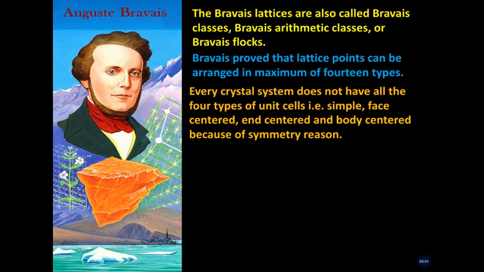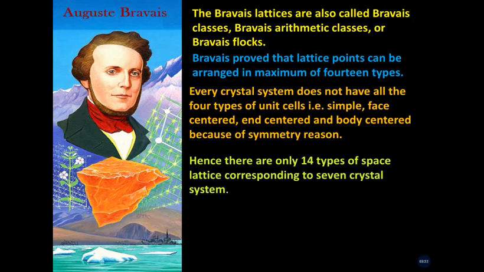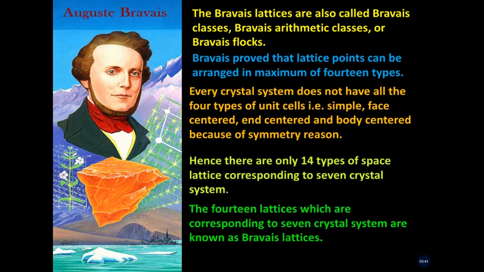So, only 14 types of Bravais lattices are possible. There are only 14 types of space lattices corresponding to the 7 crystal systems. The 14 lattices which correspond to the 7 crystal systems are known as Bravais lattices.